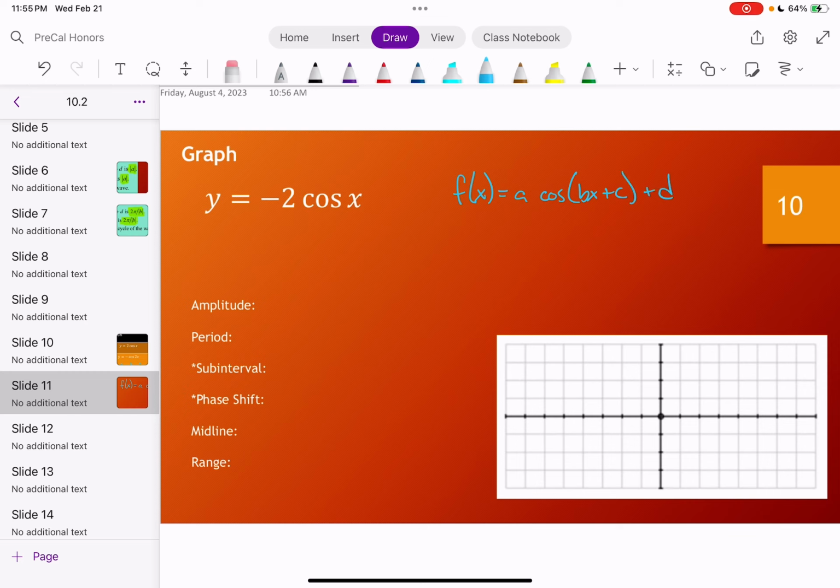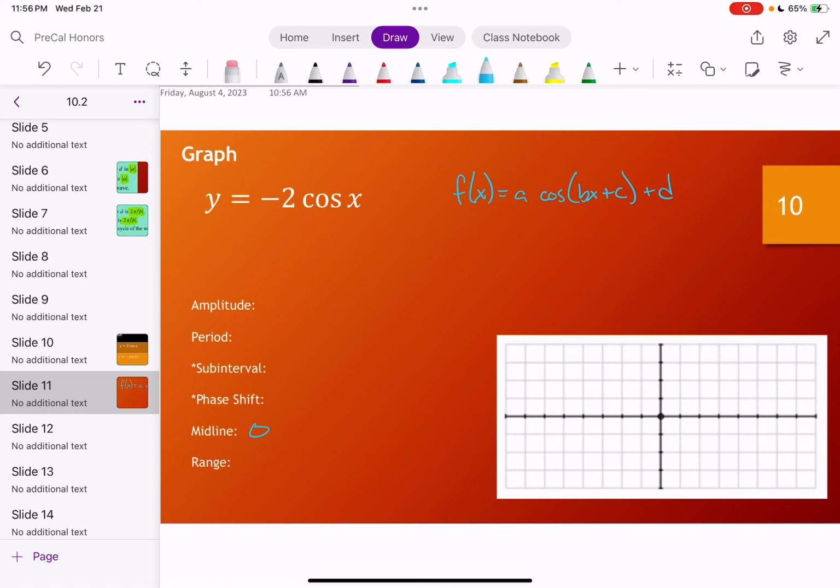In this case, the first things that you will be able to determine is that, notice there is no d in this equation, which means our midline is 0, and we also do not have a c, which later on, as we begin plugging in, you will realize that the negative c over b will give us 0 as well, and that would be mainly for the phase shift.